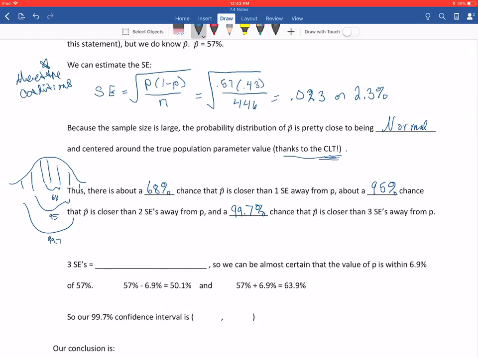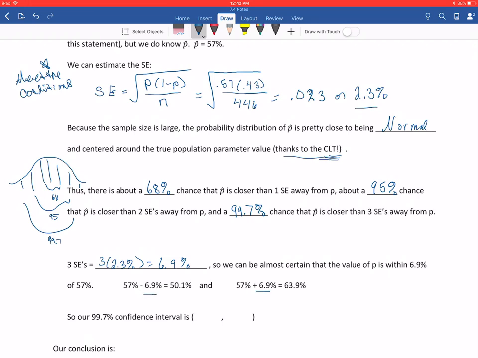Okay, so if we look at the 3 standard errors, standard error is this 2.3%. So if I have 3 of those, that is 6.9%, 3 of those standard errors. So it says we can be almost certain that the true value of P is within 6.9% of 57.